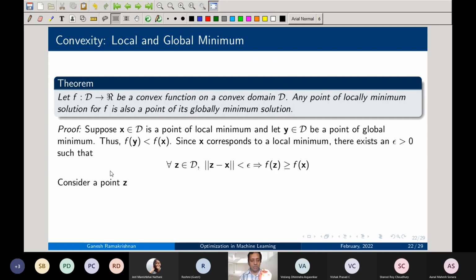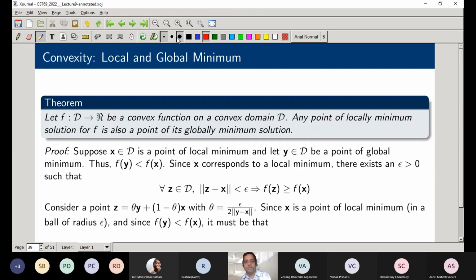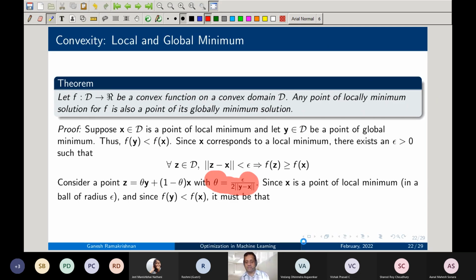But now I'm going to construct a particular point z, and what is that point z? A convex combination theta y plus 1 minus theta x. But the key here is this value theta, my point in the counter argument.